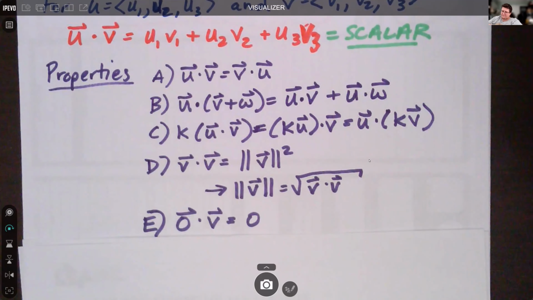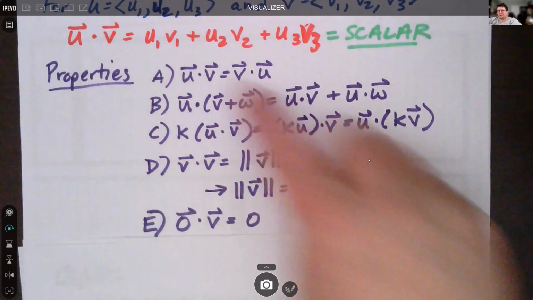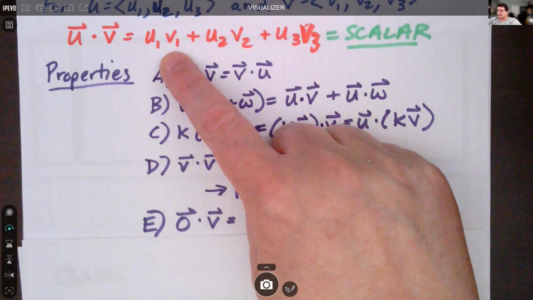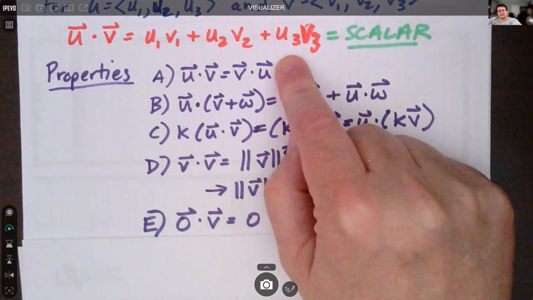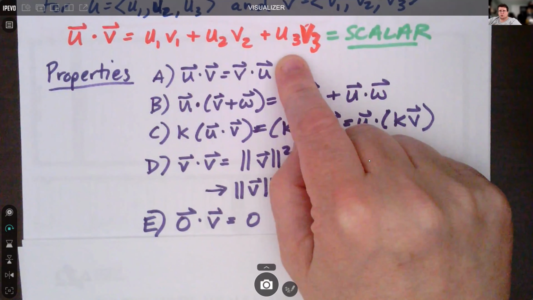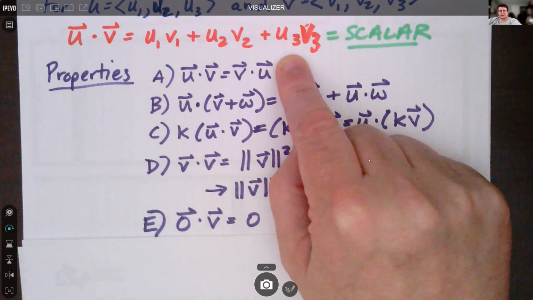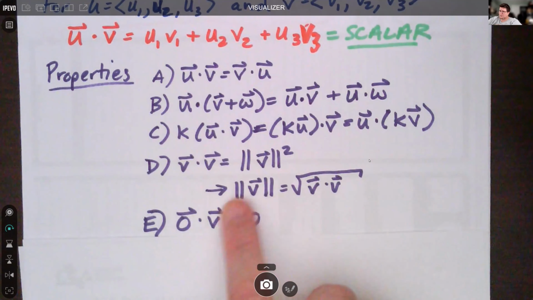If you do v dot v, notice we'd have v1, v1, so that's v1 squared. v2, v2 is v2 squared. v3, v3 is v3 squared. That would be, if we had the square root sign, the norm or the magnitude of the vector v. But since we don't have the square root sign, it's that value squared.